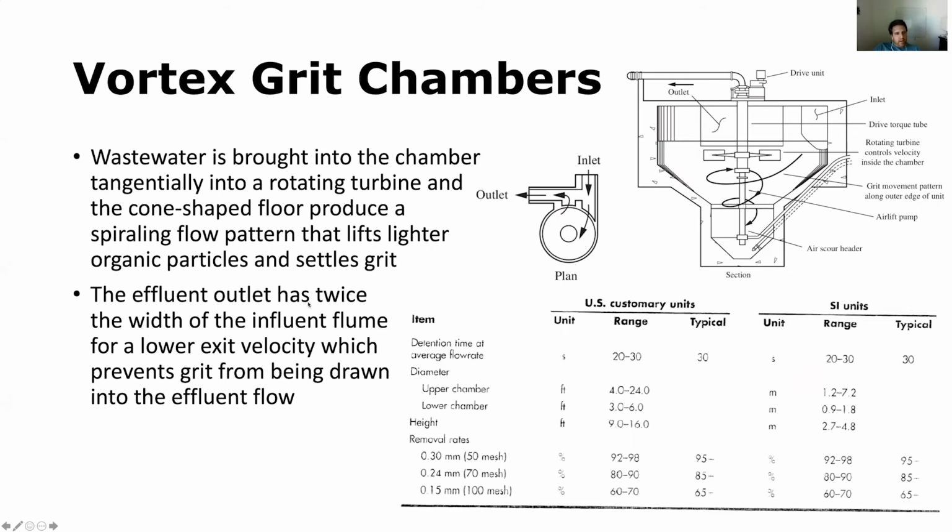The effluent outlet has twice the width of the influent flume. That produces a lower velocity exiting the system, which prevents the grit from being drawn back up into the effluent flow. So we've got ranges for detention time, diameter of the upper chamber and the lower chamber, some height considerations, and typical removal rates of grit of different sizes.